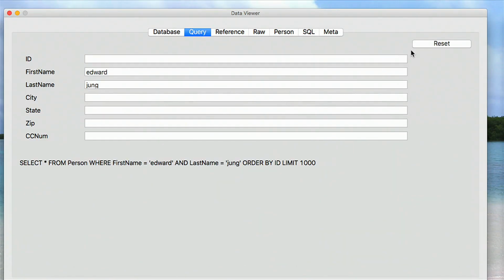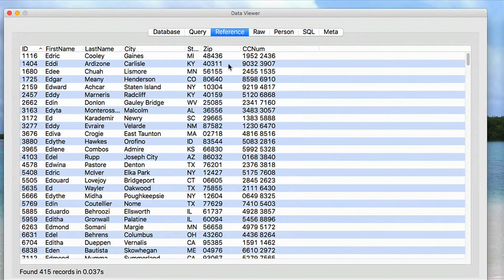Let's now clear that. Now let's get a little more complicated. We want to find anybody whose first name starts with Ed. This is what we're looking for. There's actually 415 records, so it's within our limit of 1,000.